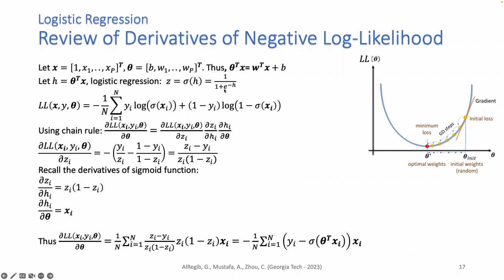I'm just trying to have a nested way to apply the chain rule later on to take derivatives. If I were you, I would start from w transpose times x plus b. That will be equal to theta transpose times x, and that will be equal to h. Sigmoid of h is really equal to z. Those are the four nested things that we are looking at.